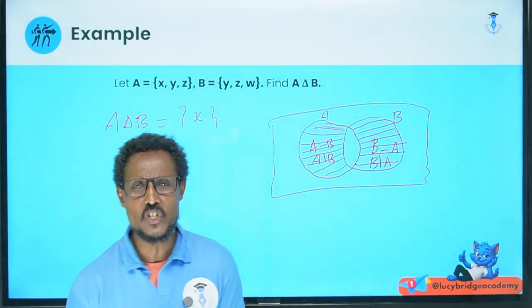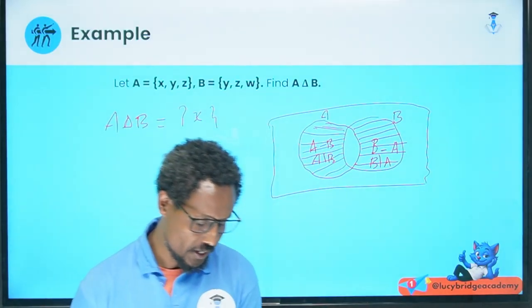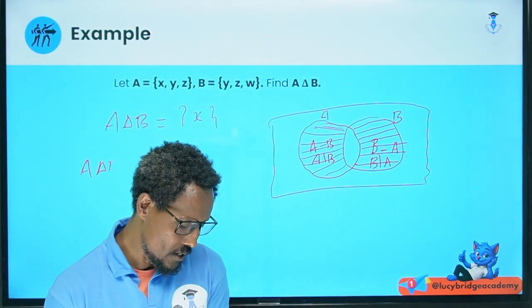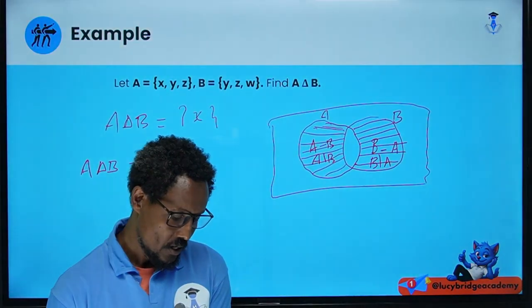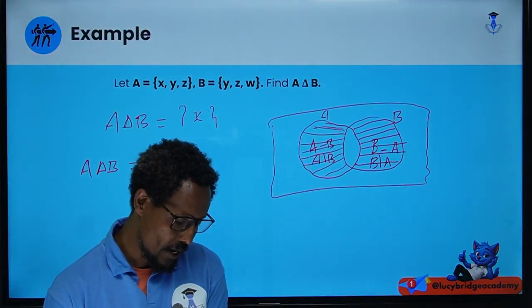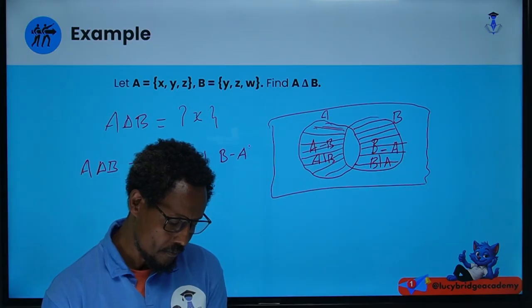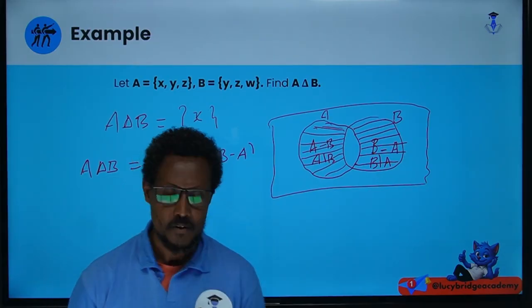Therefore, the union of these two regions gives us the symmetric difference, okay? So A symmetric difference B is equal to A without B union B without A, or A minus B union B minus A. That's it.